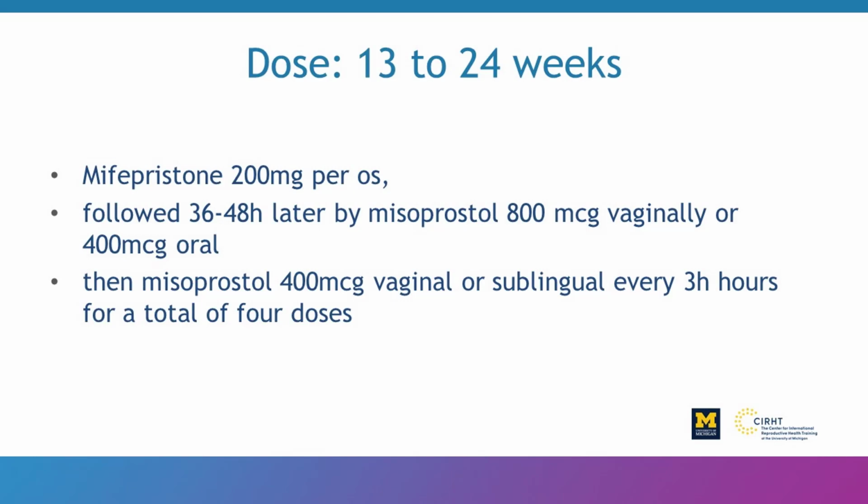You can give Mifepristone on day 1, and you can give Misoprostol on day 3, with or without a loading dose. So this is the recommended dose and regimen in 2nd trimester pregnancy between gestational age of 13 to 24 weeks, and it is equally effective as surgical D&E.